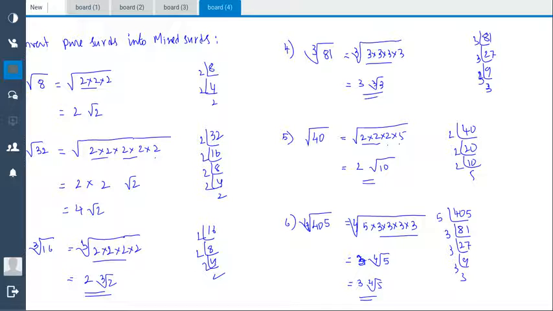Okay. You understood? It's very, very important. This is the basic. This basic is not given properly in the textbook. He has given the problems directly. In NCERT, he gave the problems directly. It will not give you any clear understanding.